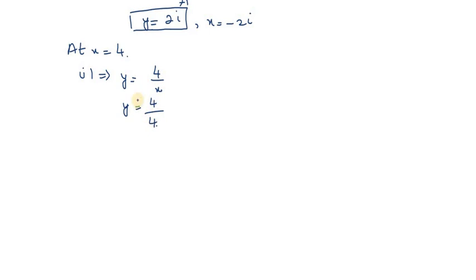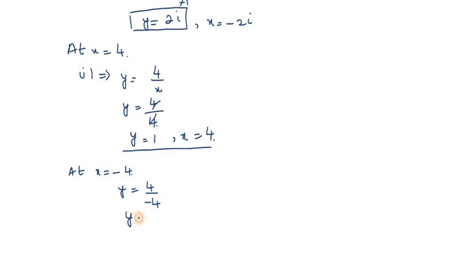The value of x is 4, so we get the value of y is equals to 1 when we put x is equals to 4. And when x is equals to minus 4, y is equals to 4 upon minus 4, y will be minus 1 when we put x is equals to minus 4.